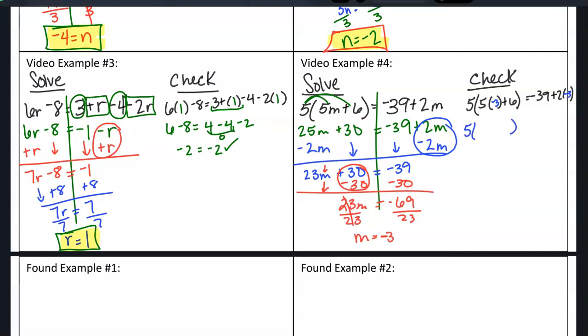All right, so inside the parentheses, because now we're simplifying, we work from the inside out. So 5 times a negative 3 is negative 15 plus 6 equals negative 39 minus 6. So 2 times negative 3 is negative 6. Inside the parentheses, we can simplify that. Negative 15 plus 6 would be a negative 9.